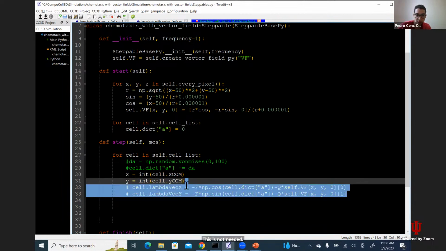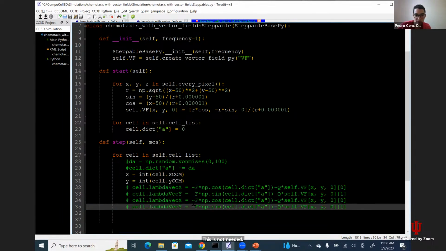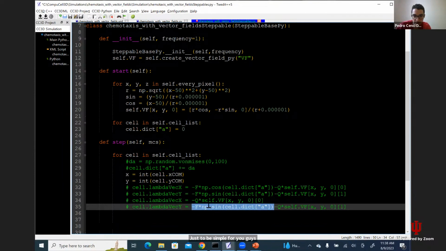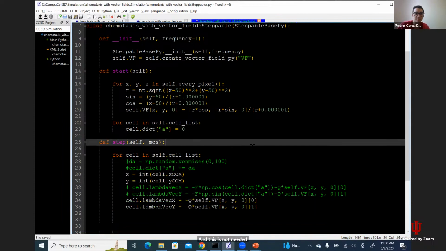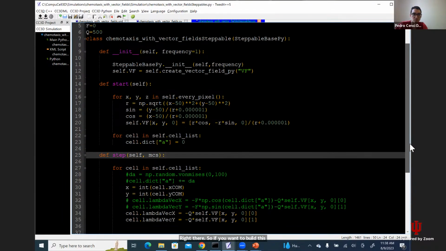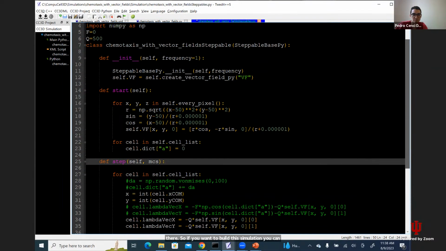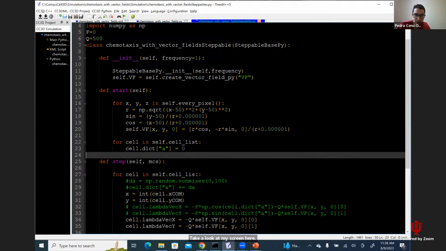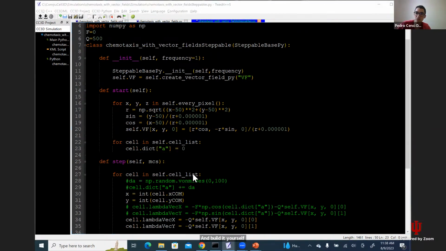Just to be simple for you guys, this is not needed, and this is not needed. Right there. So if you want to build a simulation, you can take a look at my screen here and build it yourself. Or just download the demo from the drive and play with it.